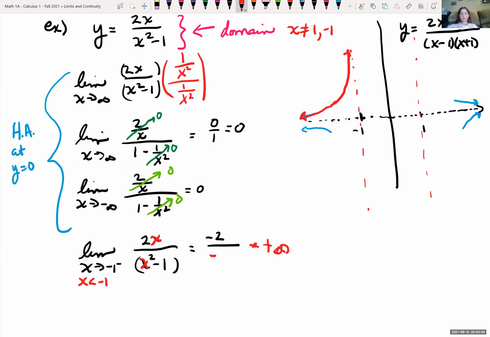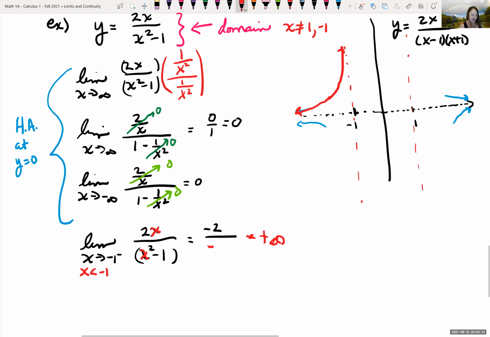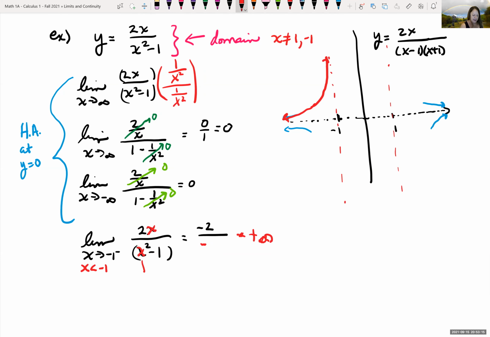The denominator be positive? But I'm squaring. So let's just choose a number. So if I think of this, it would be negative because, oh wait, actually, sorry, it's less than negative 1. I was thinking left of 1. You're right. So that would be more than negative 1. So that would be like negative 1.1.